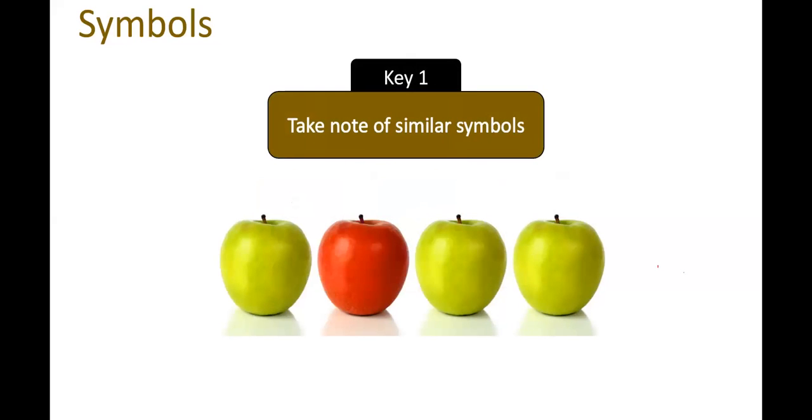Okay, so let's say key one, and key one is related to the symbols: take note of similar symbols. I want you guys to remember this, because I might even ask you about this as we go along, I might ask you to repeat this. Everyone got that? The first key.